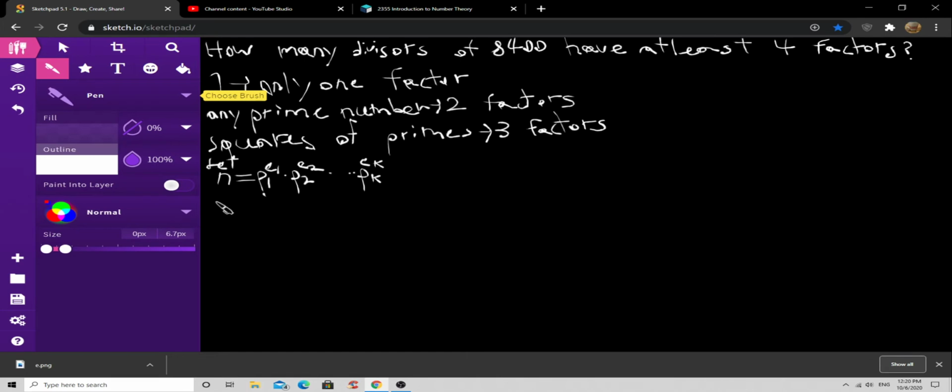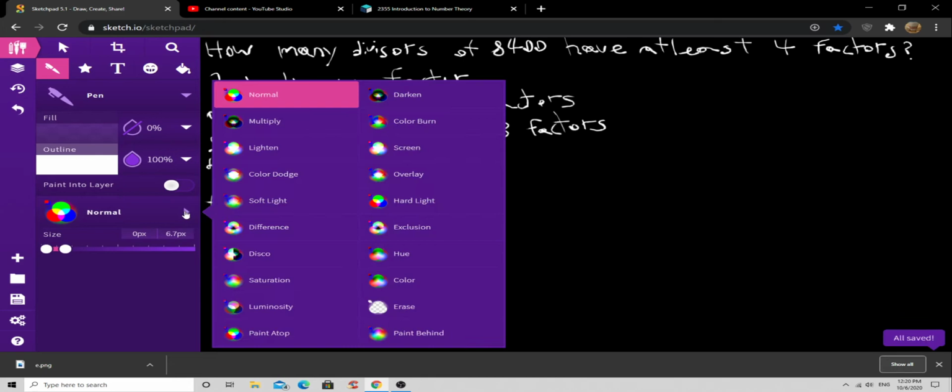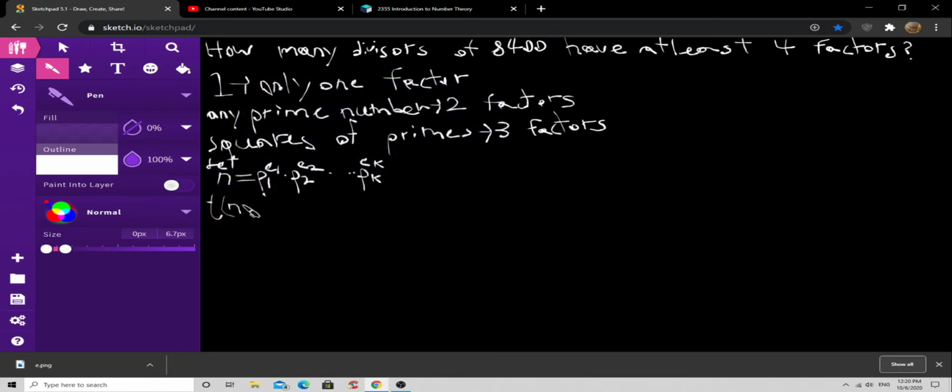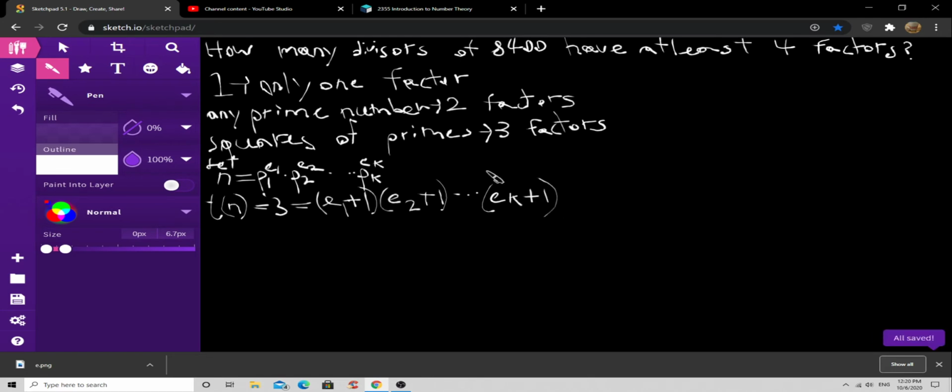We know that we want our number of factors to be 3. So our function t, which we defined earlier, t of n must equal 3, which equals (e1 plus 1)(e2 plus 1) all the way to (ek plus 1). Notice that 3 is prime, so the only way we can separate 3 into 2 numbers is 1 times 3, or 3 times 1, since it's commutative.